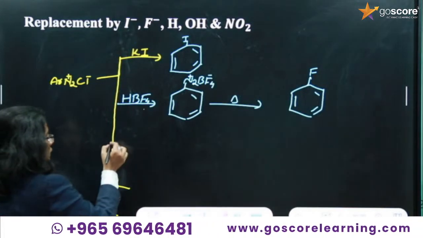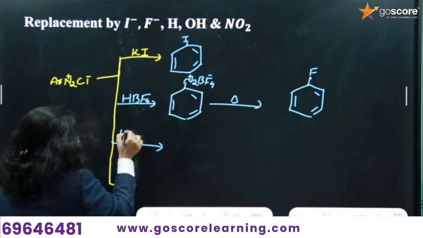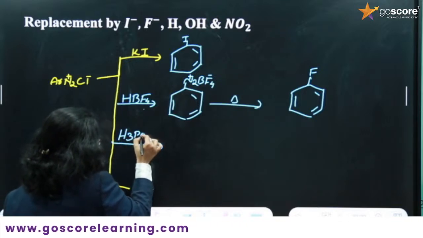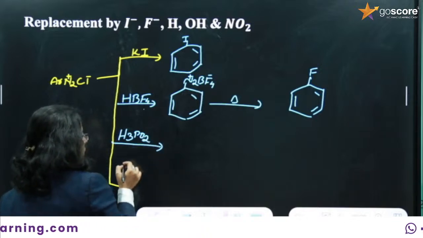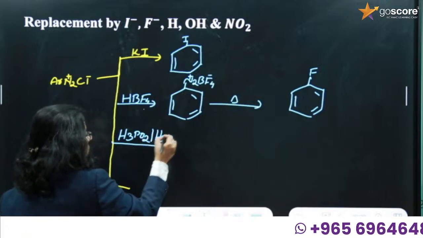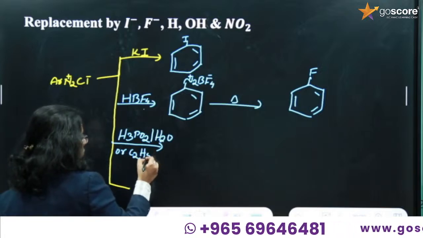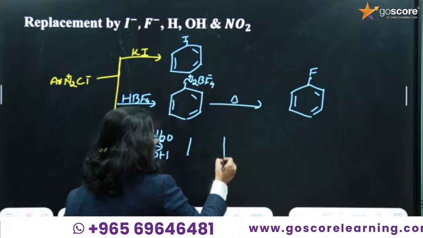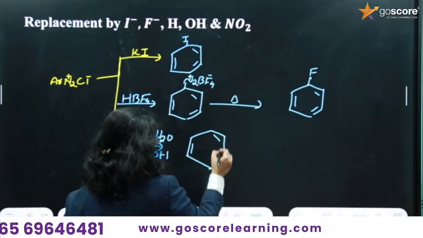Okay. If you are reacting with hypophosphorous acid, H3PO2 and H2O or ethanol, you will get benzene.